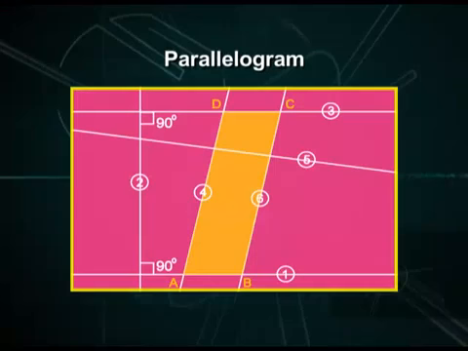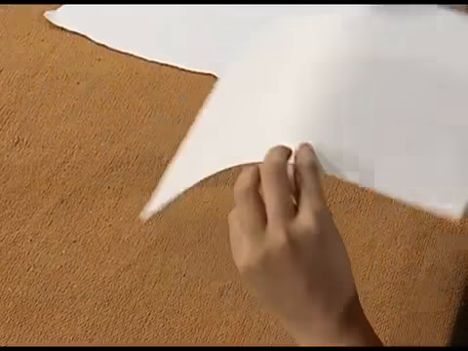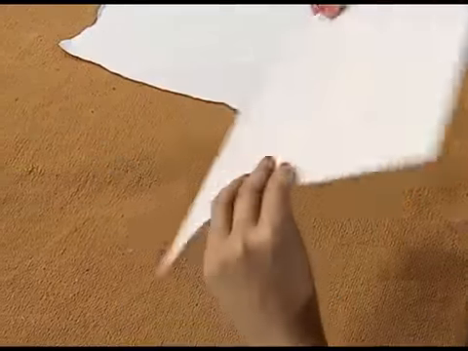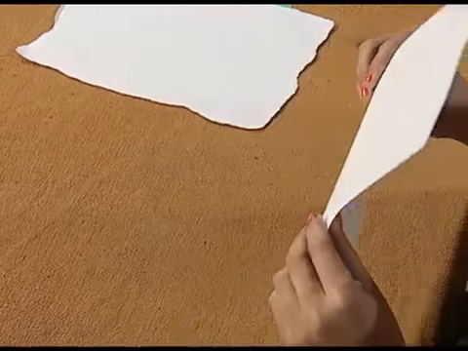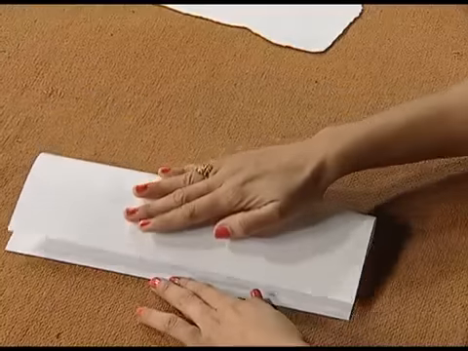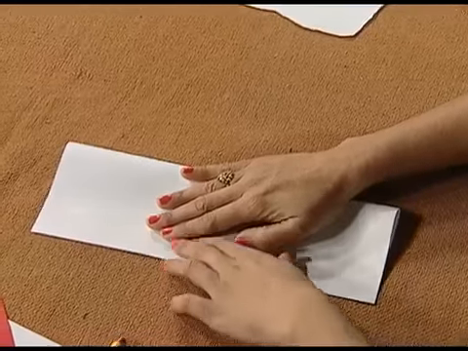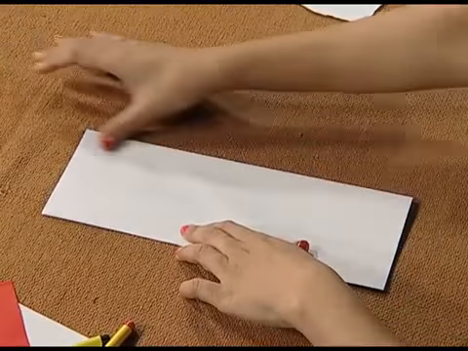Now we will be making another geometrical figure using paper folding. Let us take a sheet of paper and I am asked to make a rhombus using this. Fold it into two halves.